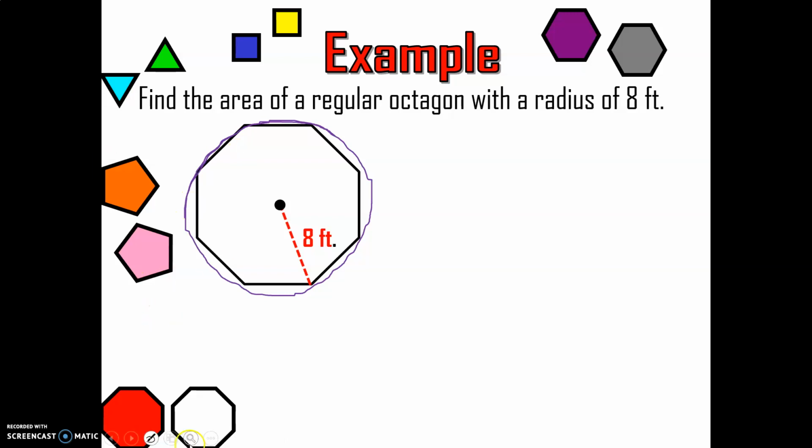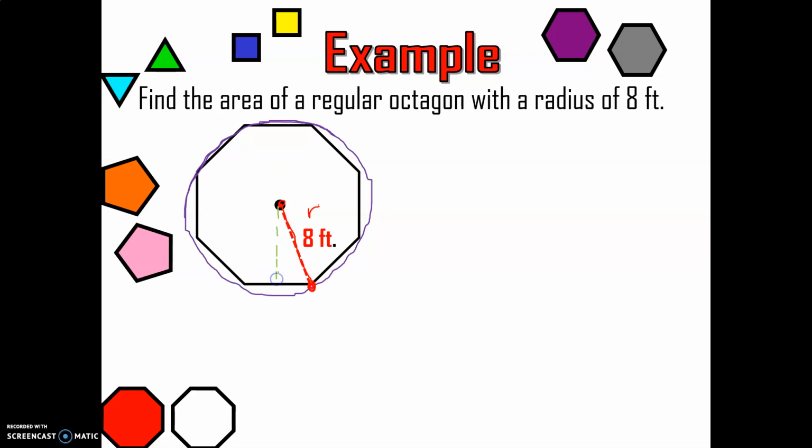Now you'll notice that this distance right here, from the center of the figure out to the edge of that circle, is a perfect radius. And that's different from the apothem that we were finding, which is right here.